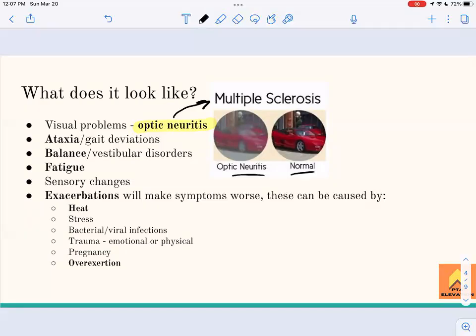This is also going to impact treatment. If the patient can't really see what they're doing, they're going to have some problems, so we need to watch what the patient's doing and make sure they can see. Maybe they need to be treated by an ophthalmologist to address their eye issues. Other safety concerns: they're going to be ataxic with a lot of gait deviations, so this individual is probably going to be using a rolling walker, or even need a wheelchair or parallel bars due to their ataxia.